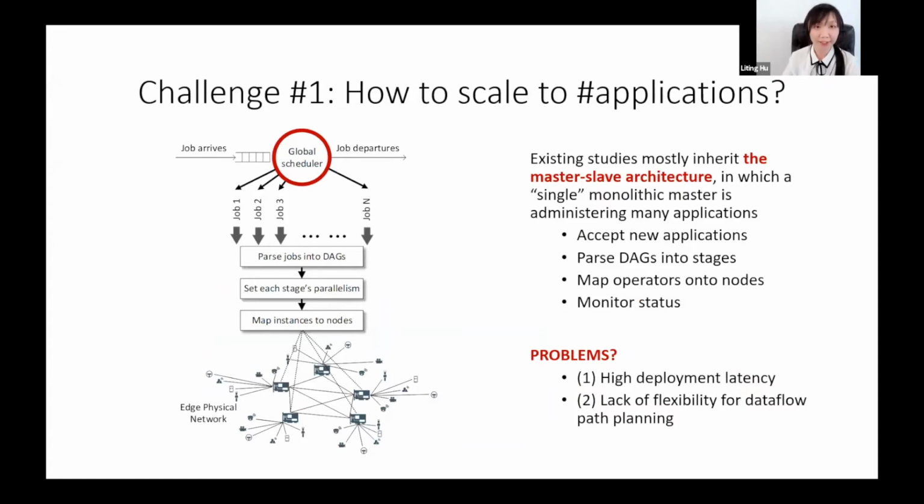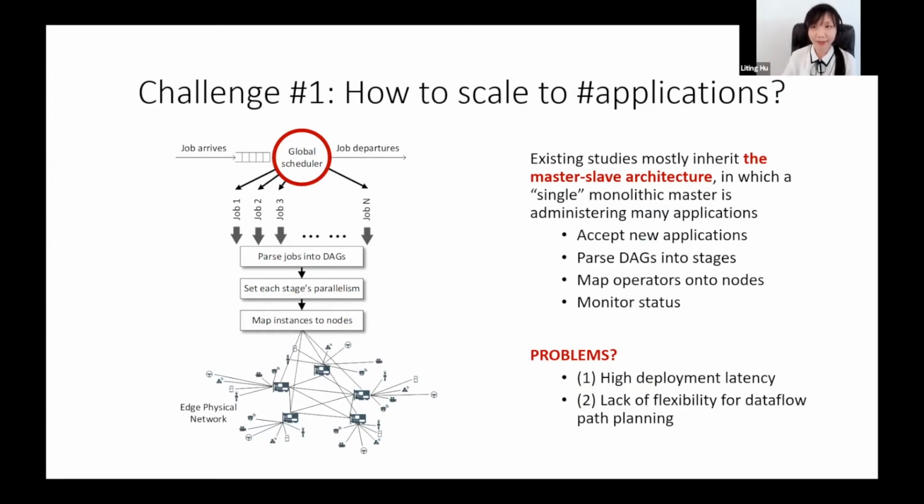However, we are facing significant challenges to achieve these goals. The first challenge in building this edge stream processing engine is how to scale to the large number of concurrently running IoT stream applications. Due to the fast growth of new IoT sensors and devices, the number of concurrently running IoT stream applications will be significantly large.